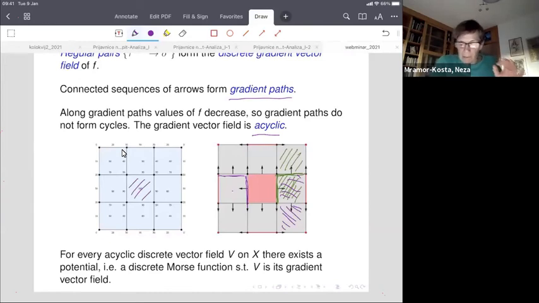If you take a gradient path which starts in a regular vertex, like this one over here maybe, then from that you have only one possible arrow going out. So if you look at these one-dimensional gradient paths, they have this property that they can merge, but they can't split. So if you take two different vertices, it's not possible to find two different gradient paths between them because of this special property of one-dimensional gradient paths.